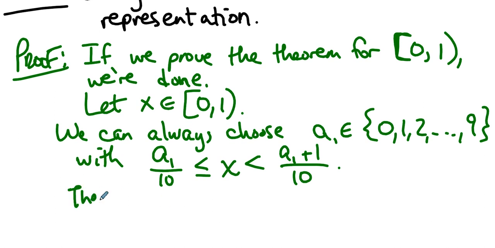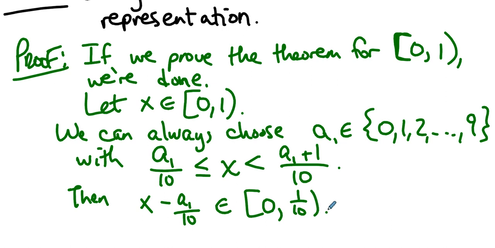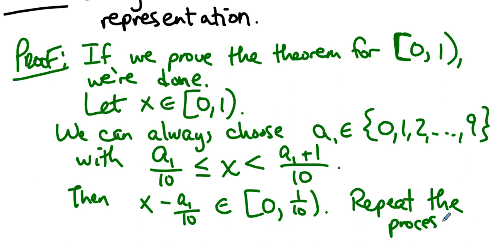Well, then, if you subtract off a sub 1 over 10, that is in the interval between 0 and 1/10. And we repeat the process. We trap what remains between two numbers rounded to the nearest 100th, and we continue and continue and continue.